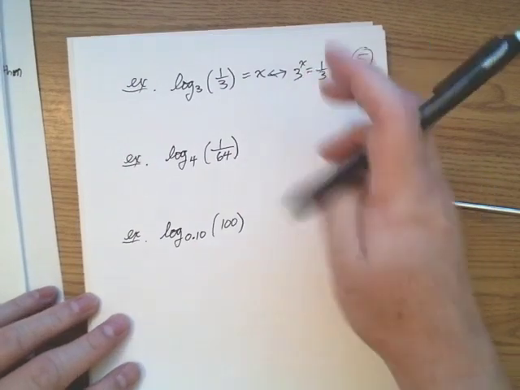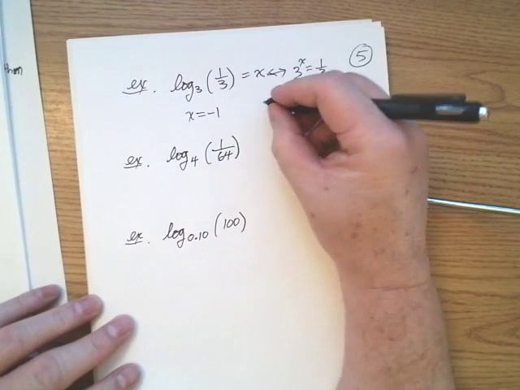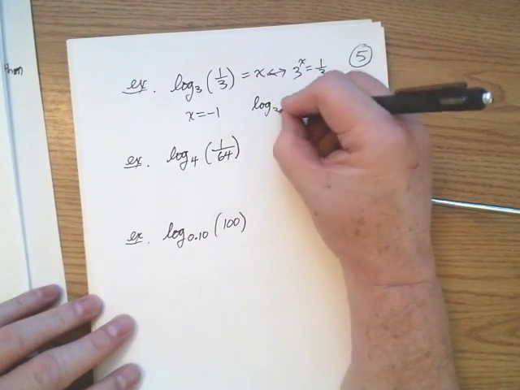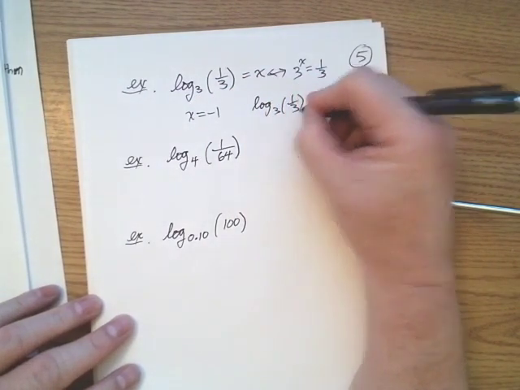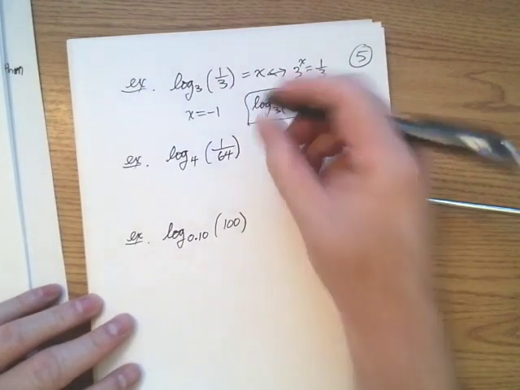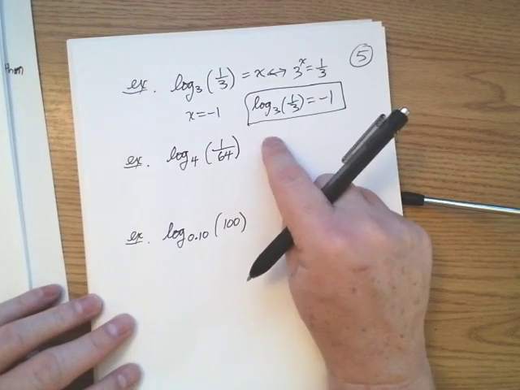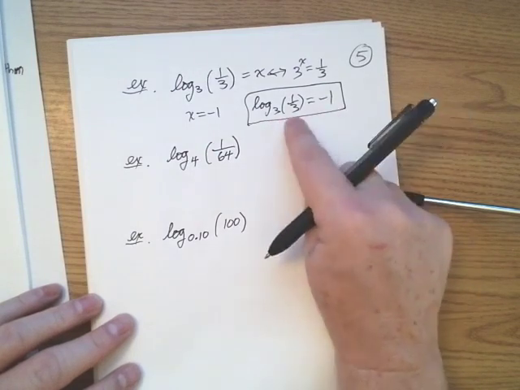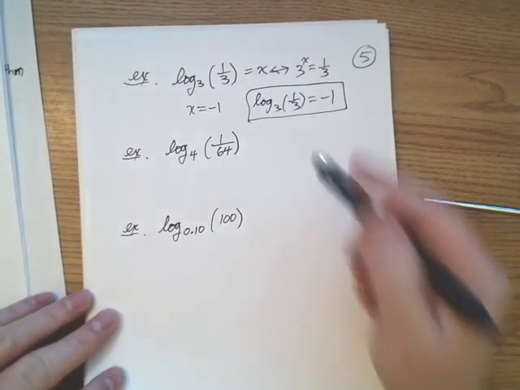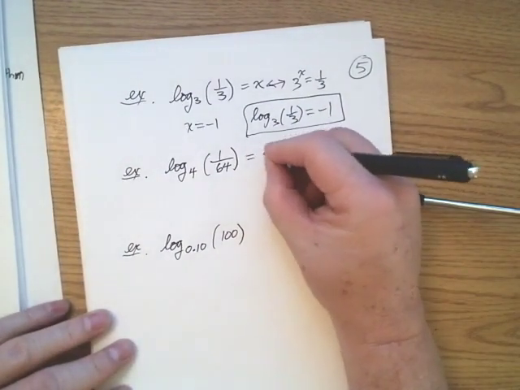So x must be negative 1. Or in other words, logarithm base 3 of 1/3 is negative 1. The power I have to raise 3 to get 1/3 is negative 1, right? 3 to the negative 1 power is 1/3. If you were able to get that without writing all that stuff, again, that is good.